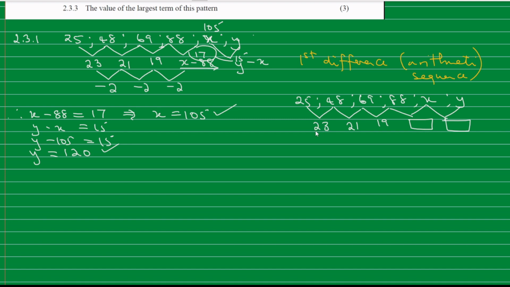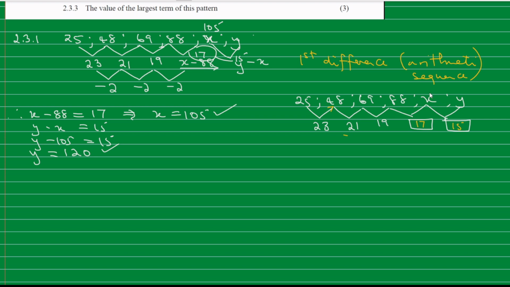Like I said, this is a row of arithmetic sequence. So if this is 23, this is 21, minus 2, put in your numbers here. This one will be 17 and this one will be 15. Now, 25 plus 23, you will get 48. 48 plus 21, you will get 69. 69 plus 19, you will get 88.